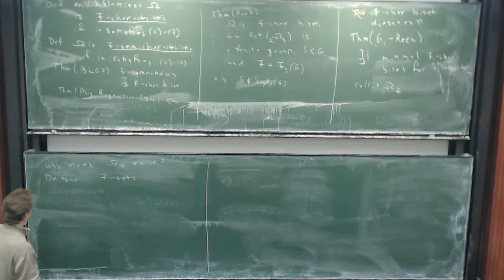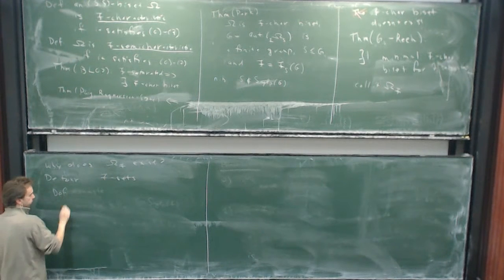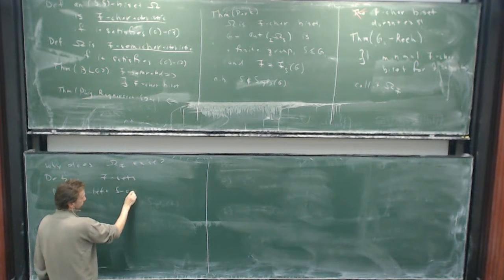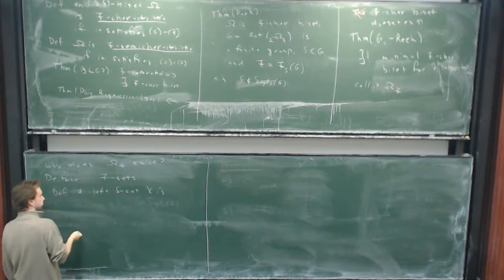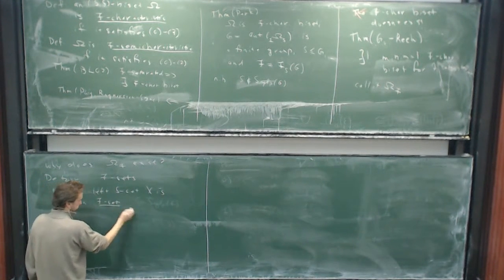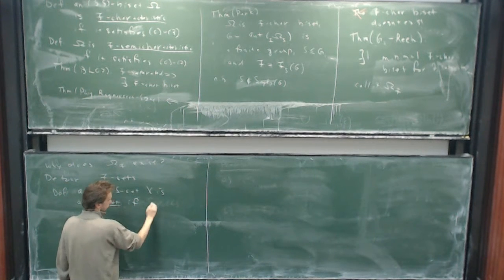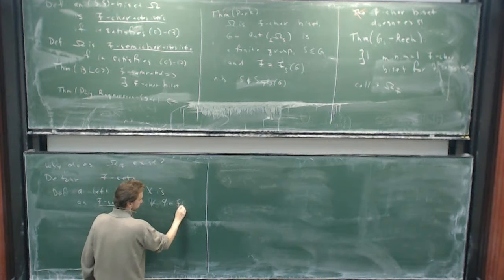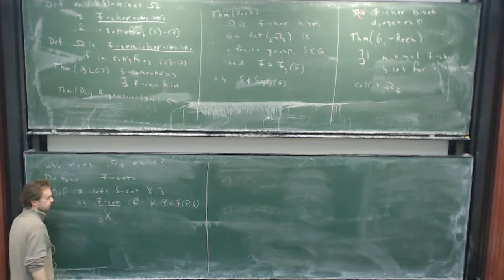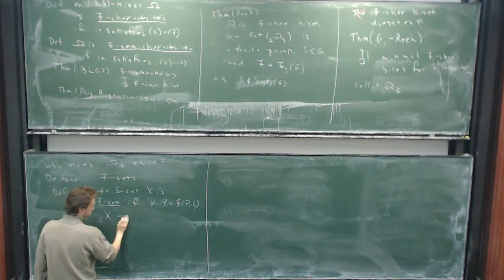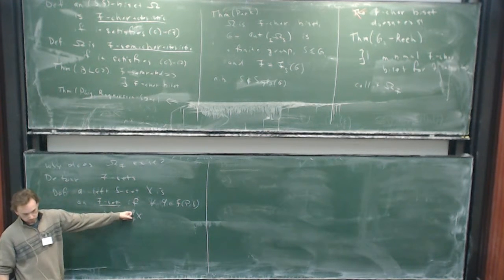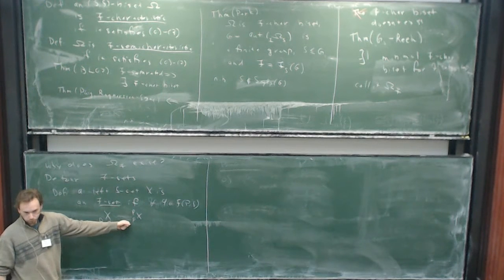We actually saw this already also, but let's say a left S-set X is F-stable, or an F-set, if for all morphisms φ in the fusion system, I can view X as a P-set by restriction, or I can view X as a P-set by twisting along the morphism φ in the fusion system and then restriction.